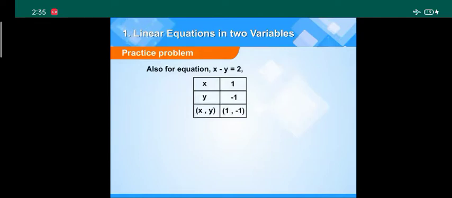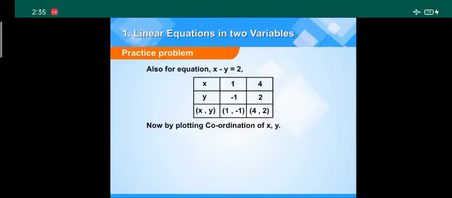Also for equation x minus y is equal to 2, we have x 1, y minus 1, coordinates of xy 1 and minus 1. Similarly, x 4, y 2, coordinates of xy 4 and 2.